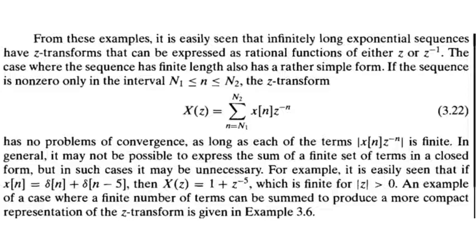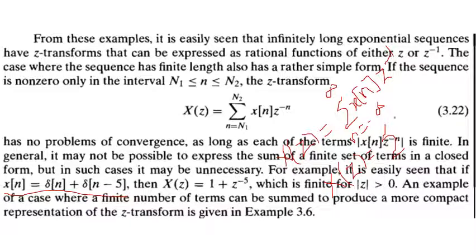For example, if we take the Z transform of delta of n, it will be 1. How? This is the formula of the Z transform, n equal to minus infinity to infinity, and this will be x of z. So x of z will be equal to summation delta of n z raised to power minus n.